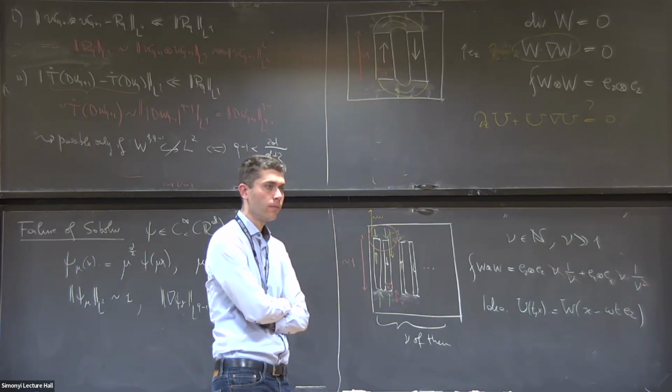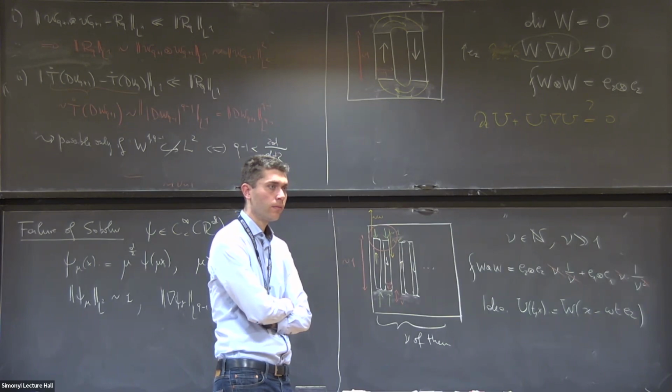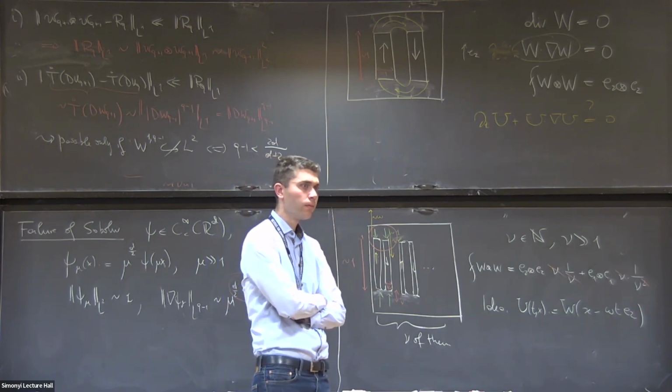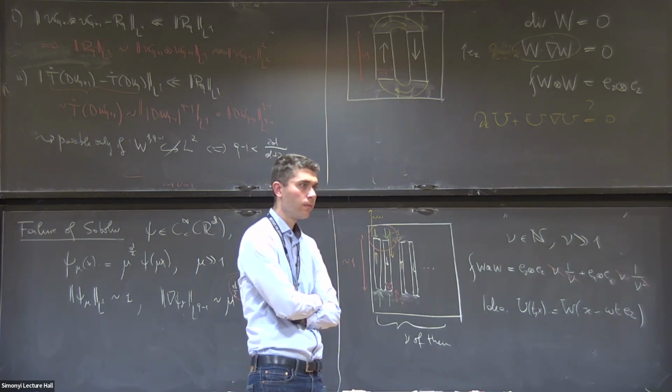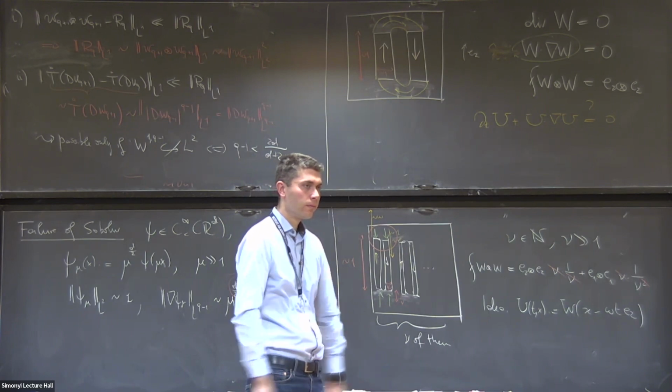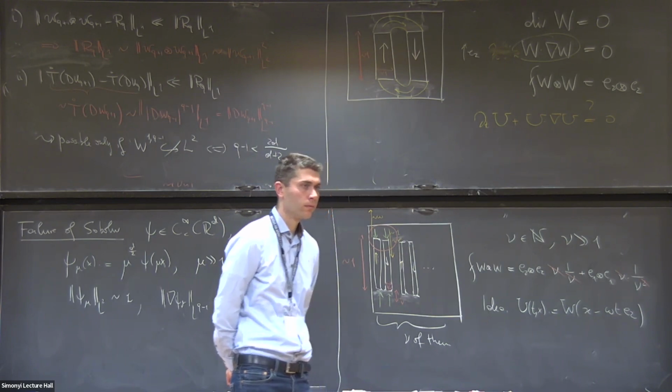The estimate that you have is not strong enough. Oh, I see. Yes, because you're not integrating the gradient of u squared anymore, but something which is just small. So the trace is not in the supercritical space for almost every time, that's the issue. Oh, I see. Okay.